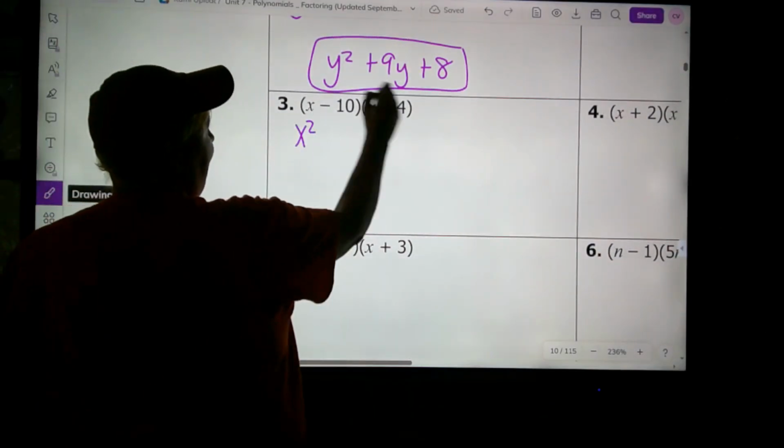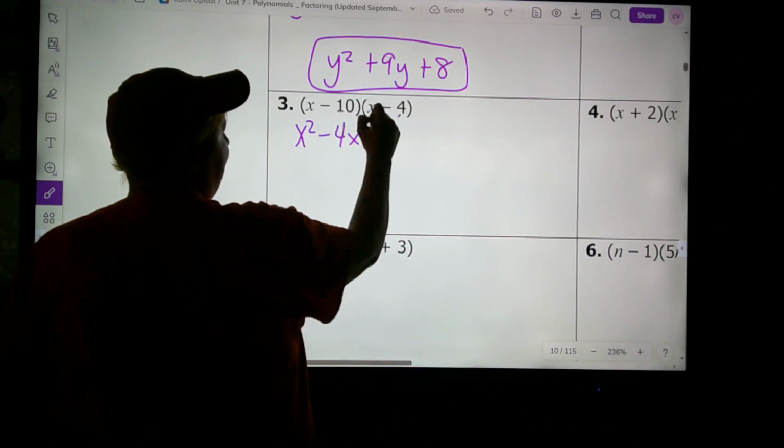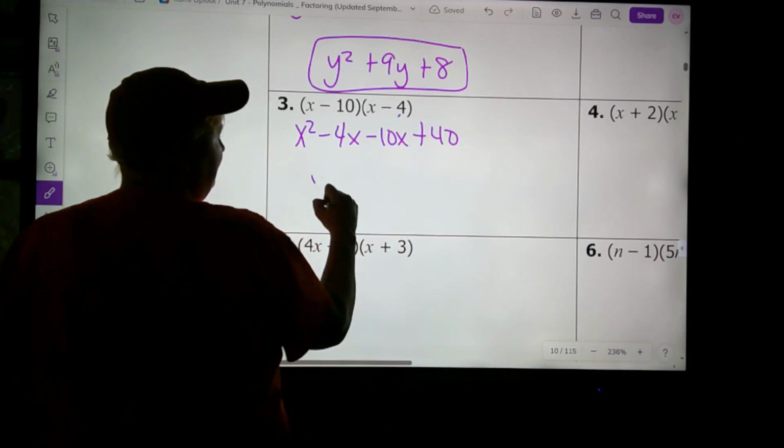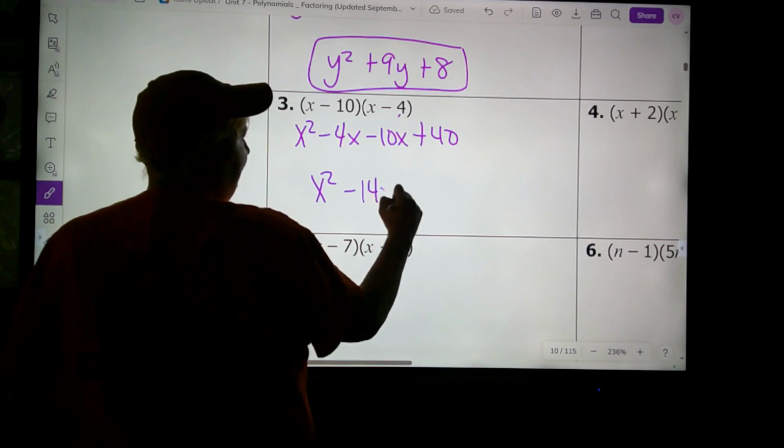X squared minus 4x minus 10x plus 40. X squared minus 14x plus 40.